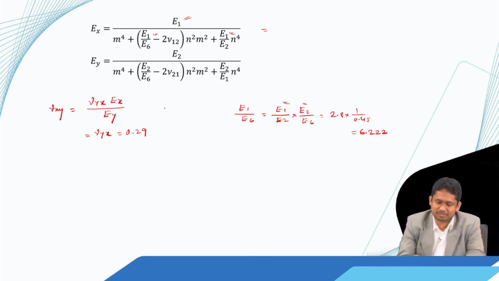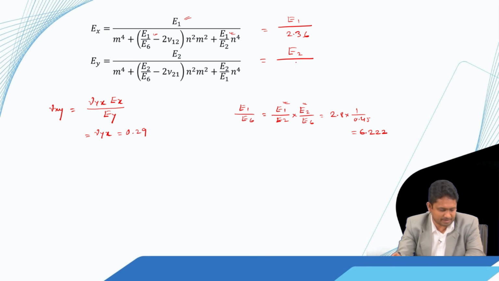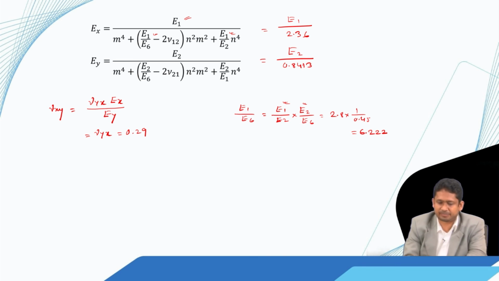If I put these values here, now I know everything except E 1 and E 2. So, E x can be evaluated as E 1 divided by 2.36, and E y can be evaluated as E 2 divided by 0.8413.